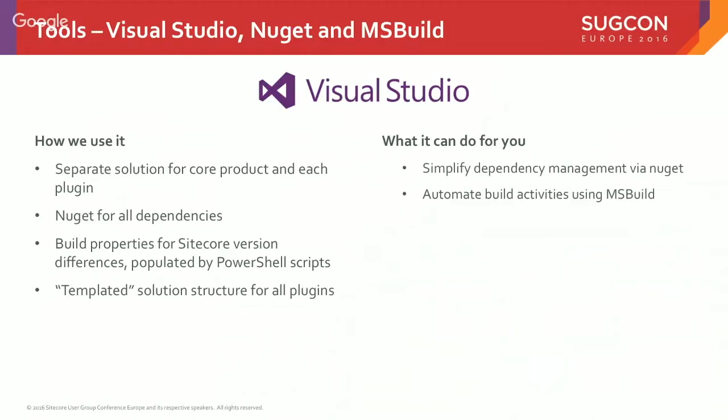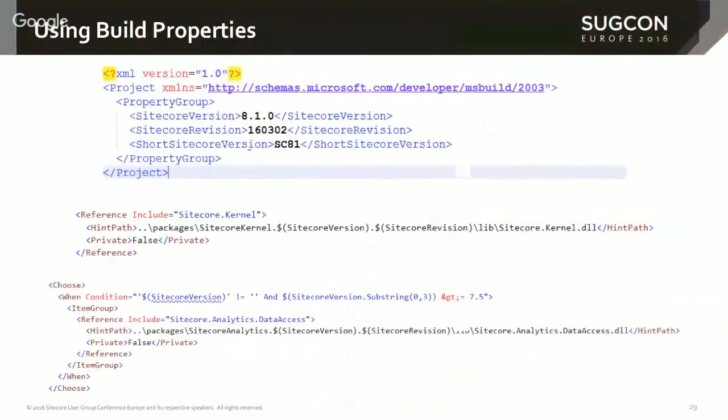For you guys, using NuGet, as Sean presented on yesterday, is a great way to simplify your dependency management. And then getting familiar with MSBuild, even though we did a lot of this with PowerShell, MSBuild was really essential to a lot of these requirements.